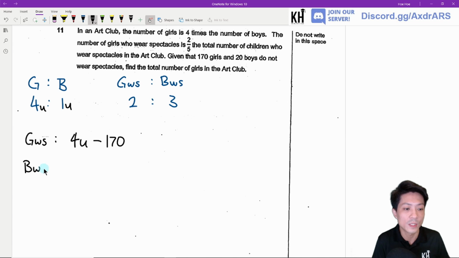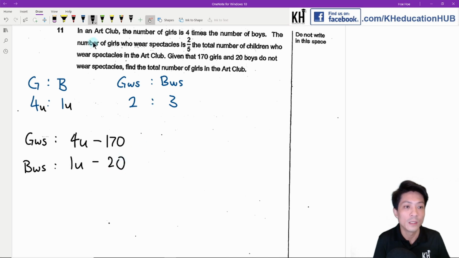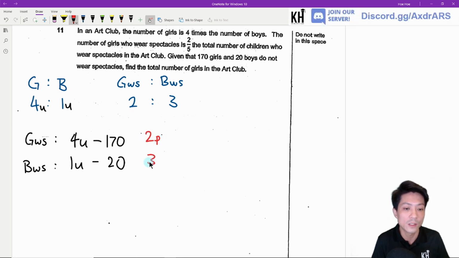For the boys that wear spectacles, it will be 1 unit minus 20. According to this ratio, the girls will be 2 parts and the boys 3 parts.